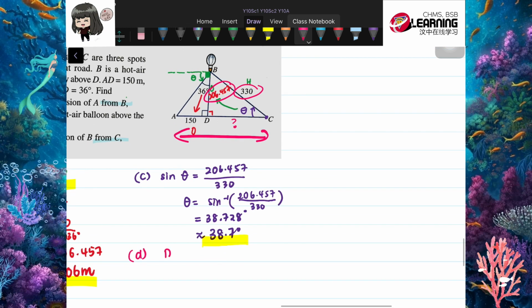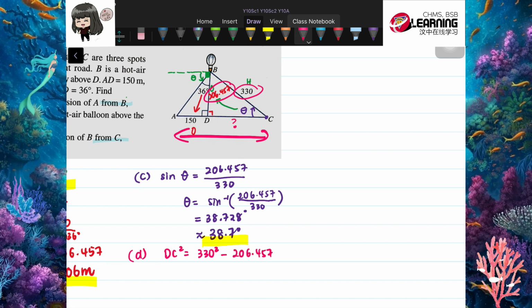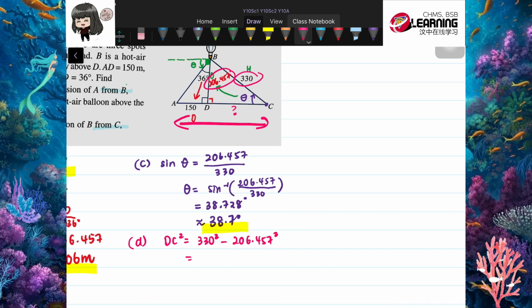Okay, so DC square equals to 330 square minus because you are not finding hypotenuse. Okay, if find hypotenuse you plus, if you are finding the other sides you minus. Okay, so DC equals to the square root of this whole thing.